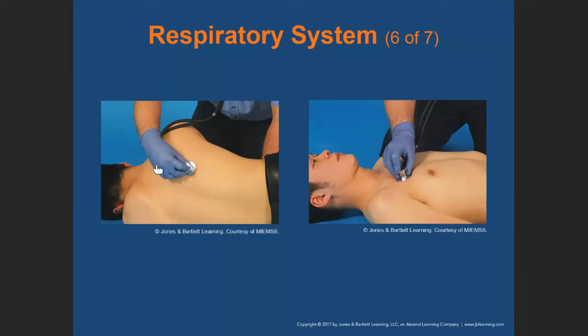And if they're sitting down, you let them cross the arms over the legs to move the scapula out of the way. Once you're able to do that, you have better access to the apex. So we want the apex and base of the lungs at the back.